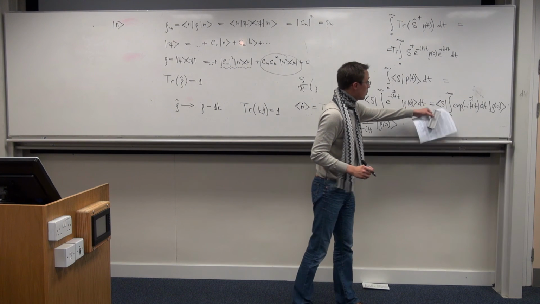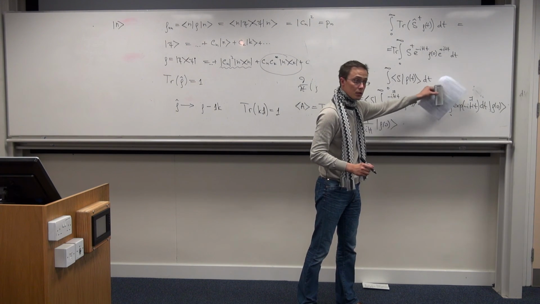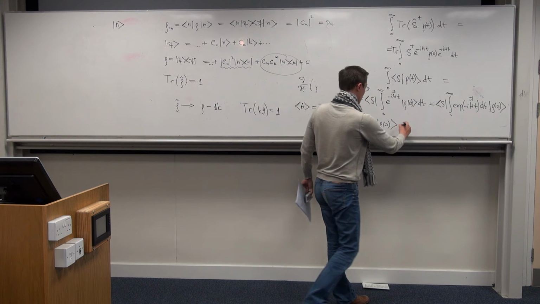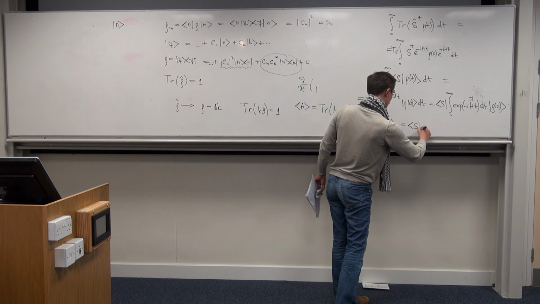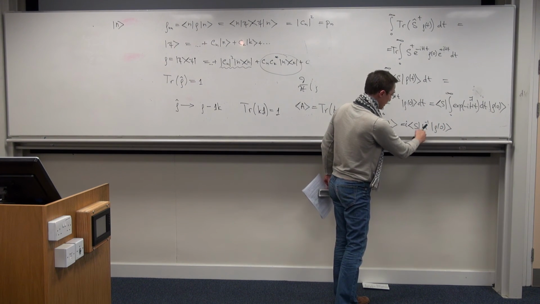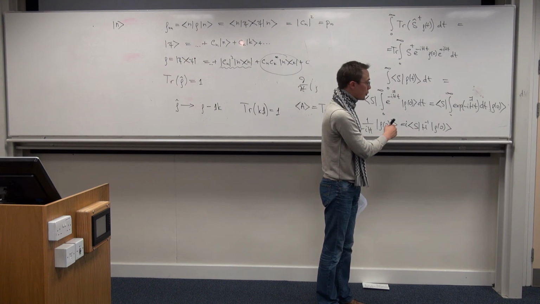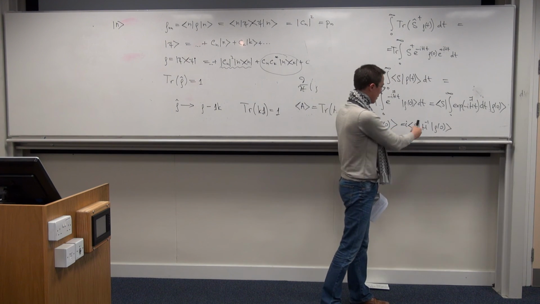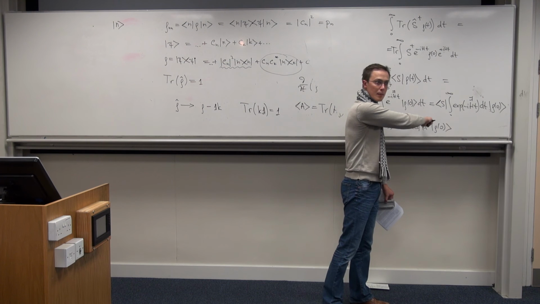On the infinity we assume it has decayed to 0, on the 0 it's equal to 1, and so the answer is S i H minus 1 rho 0, and H minus 1 times the vector can be computed much more efficiently than computing H minus 1 and then multiplying by the vector.